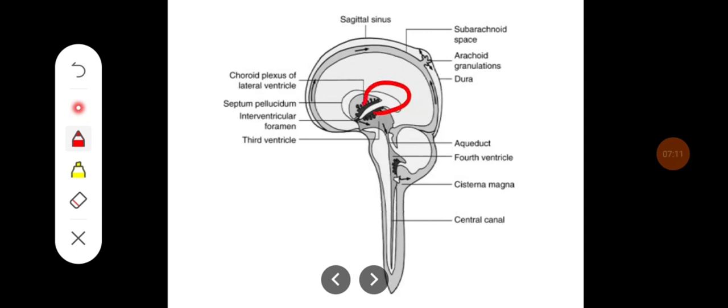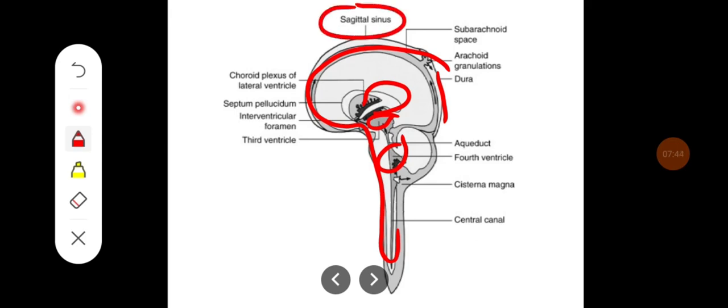It enters into the third ventricle, then into the fourth ventricle, and then from the fourth ventricle it escapes through the Luschka and Magendie, and then it enters into the subarachnoid spaces. Then it is distributed all over the brain, from where it is going to be absorbed into the sinuses like the sagittal sinus.